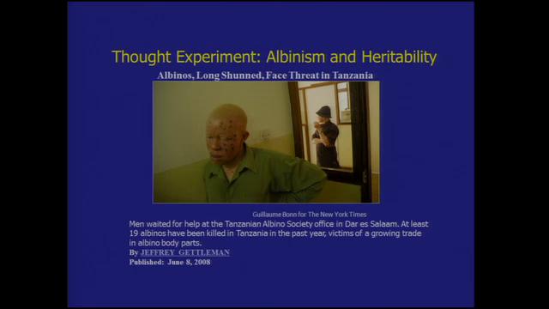And in fact, because of various cultural beliefs, they are often physically attacked and literally hacked apart because there are certain assumptions among some members of these societies that body parts from albinos will confer certain magical powers. So their lives and their fitness is much reduced, and it's highly heritable, I presume.